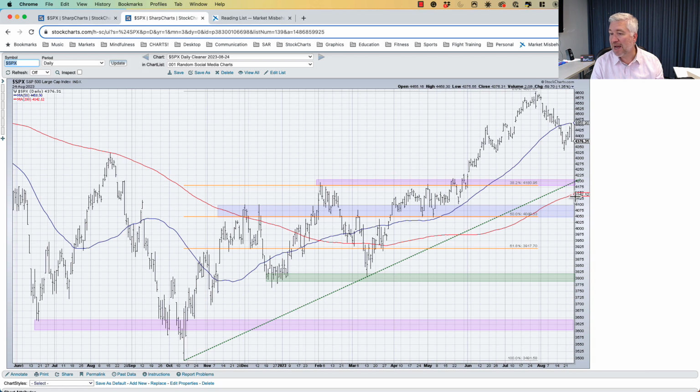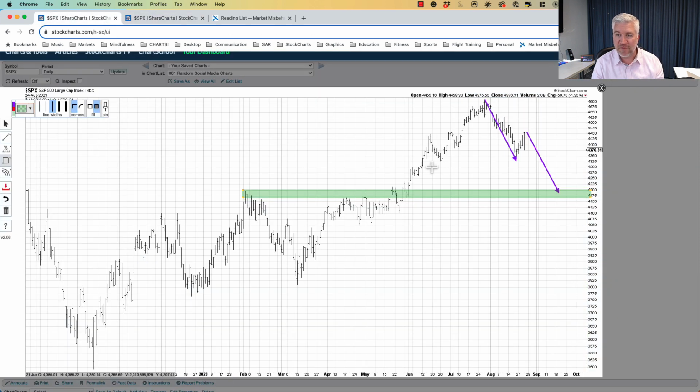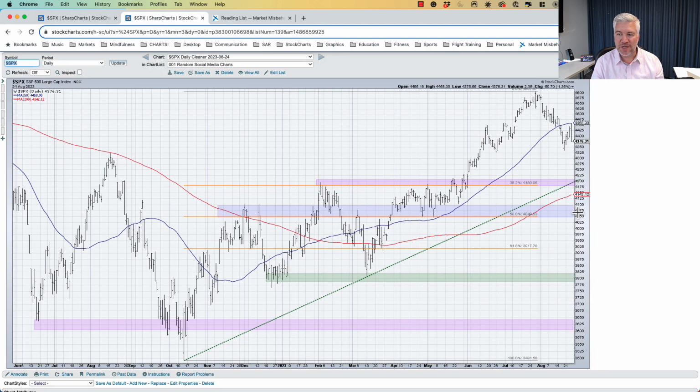So as a downside objective, I don't see the market getting much lower than that level, and that would be the measurement technique. If we do that first measurement of the head and shoulders top, that will give us an objective right around that blue shaded area, 4,050 to 4,100.